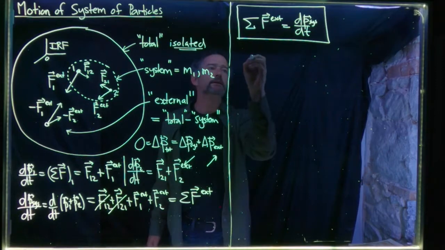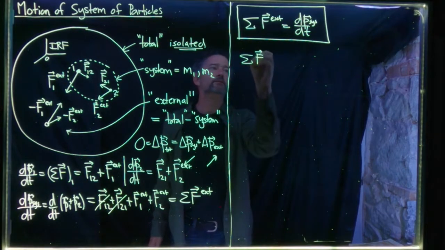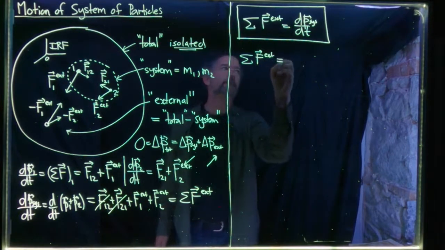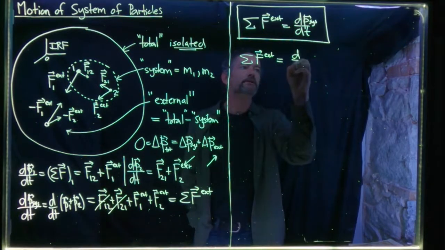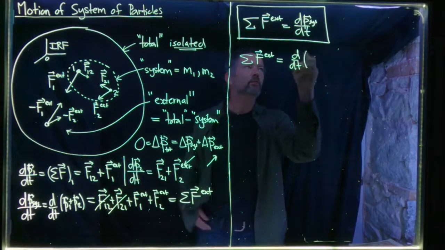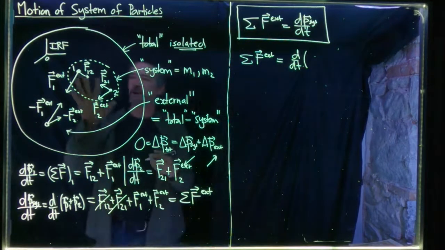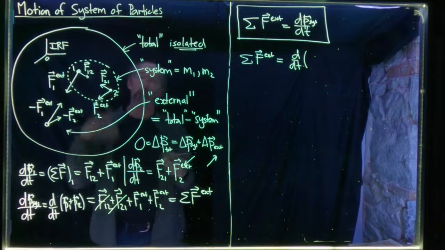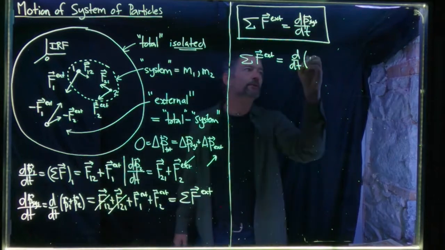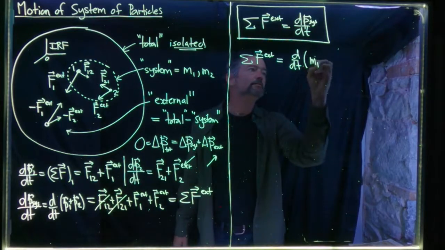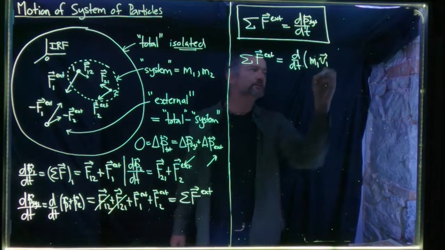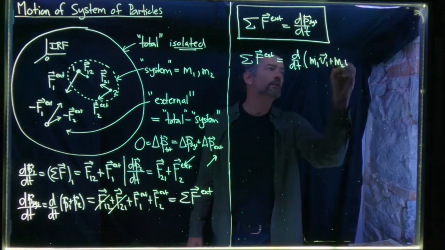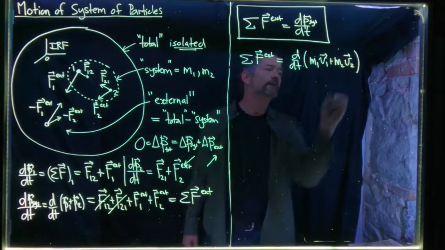Yes, the sum of the external forces acting on our system is the time rate of change of the momentum in our system. Momentum is mass times velocity added up for both of the particles in our system. So it's the mass of the Earth times the velocity of the Earth at some instant of time, plus the mass of the Moon times the velocity of the Moon at that instant of time.